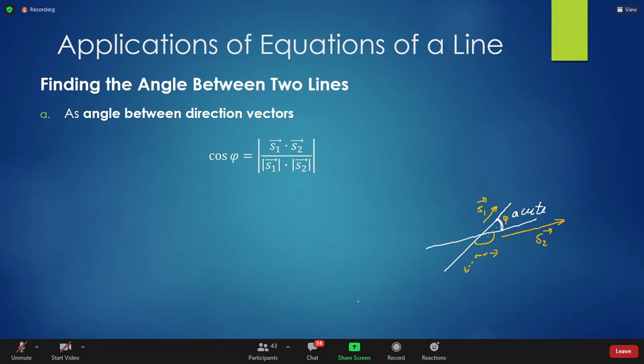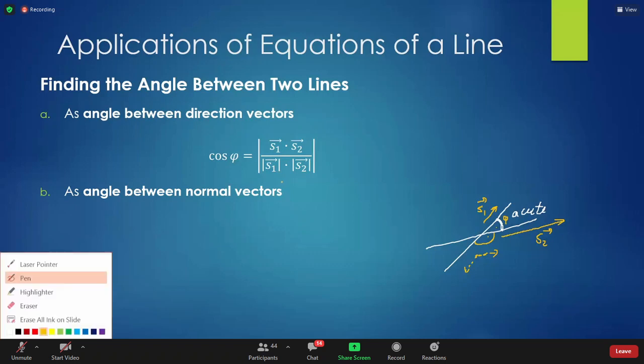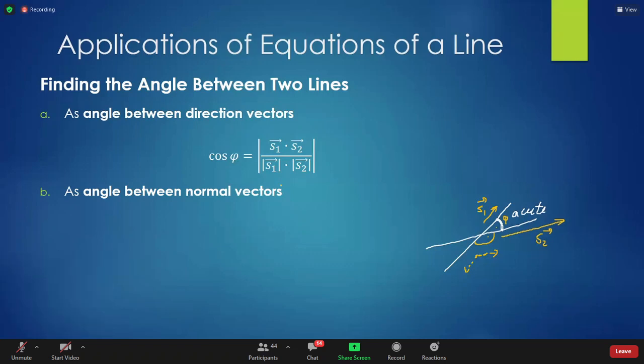The same goes for the angle between the normal vectors. I will choose different colors, perhaps. Let's take red. Normal vector 1 and normal vector 2.